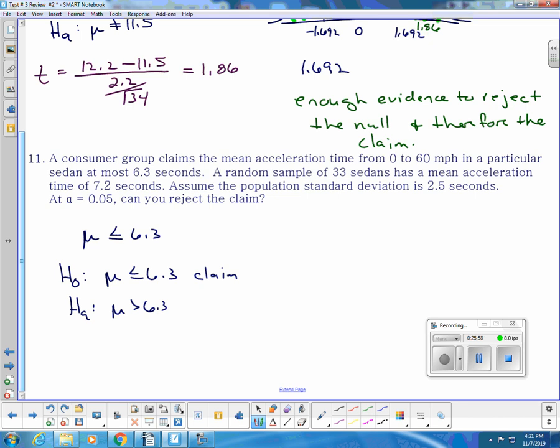So they give you a population standard deviation, so I'm going to use the z formula. So 7.2 minus 6.3 over the population standard deviation divided by the square root of 33. I get 2.07.